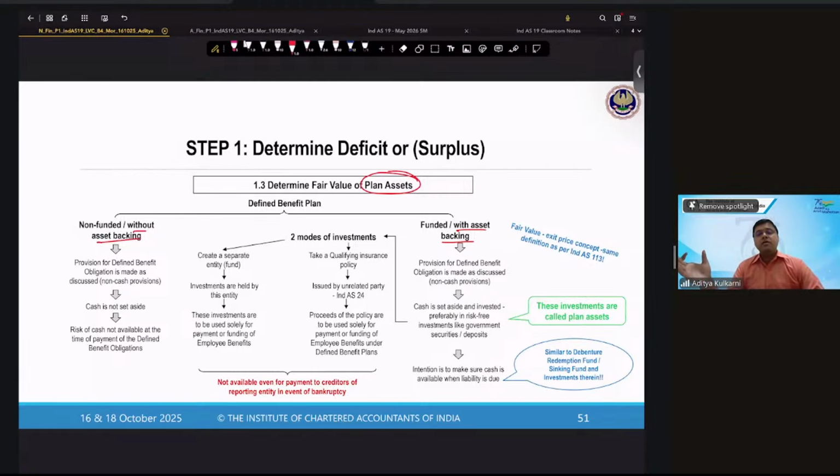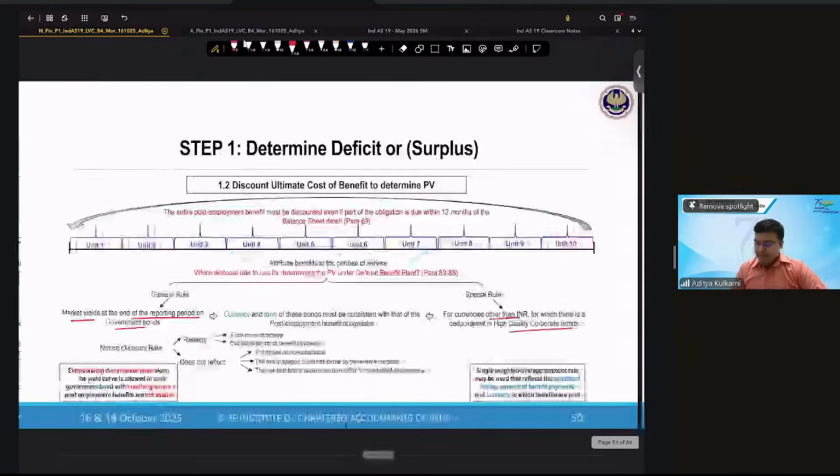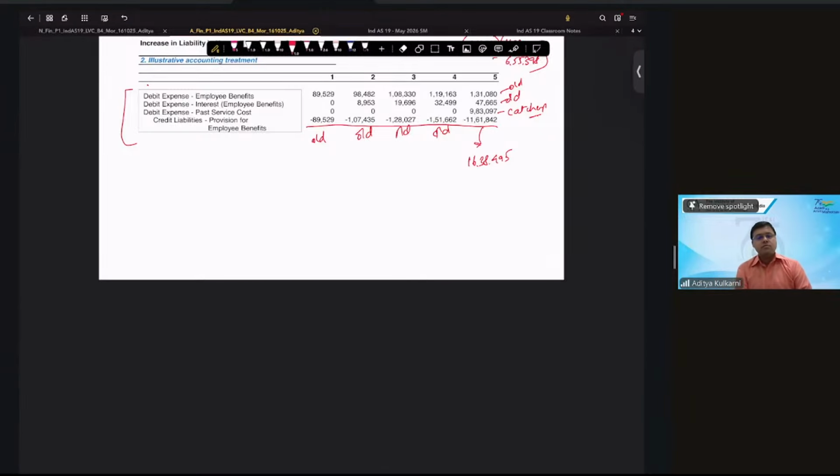A non-funded obligation means what? See, in all these entries which... No, sir. No. What are you doing now? You are just going on posting entries in your software, in your ERP. You will tell your finance team, okay, book, book, book. You'll go on booking entries.